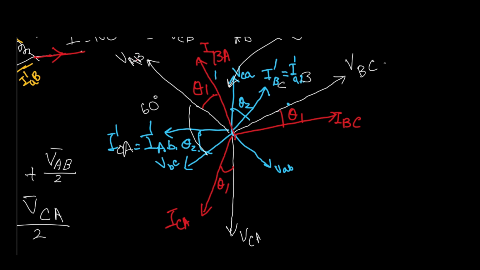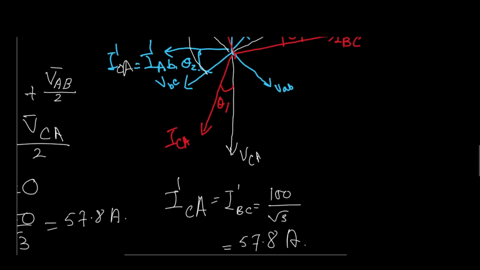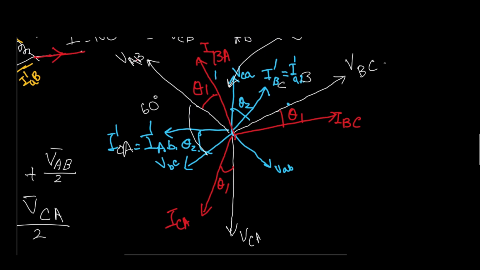So VBC and IBA, it is 60 plus theta 1 and minus theta 2.